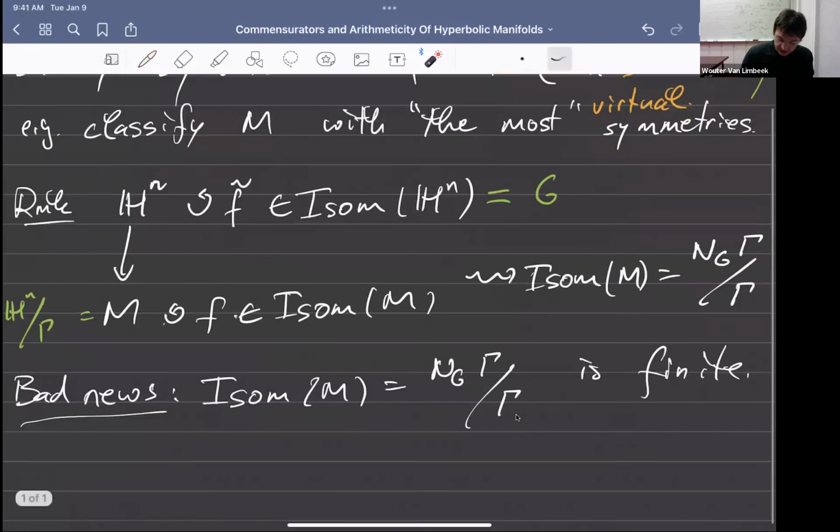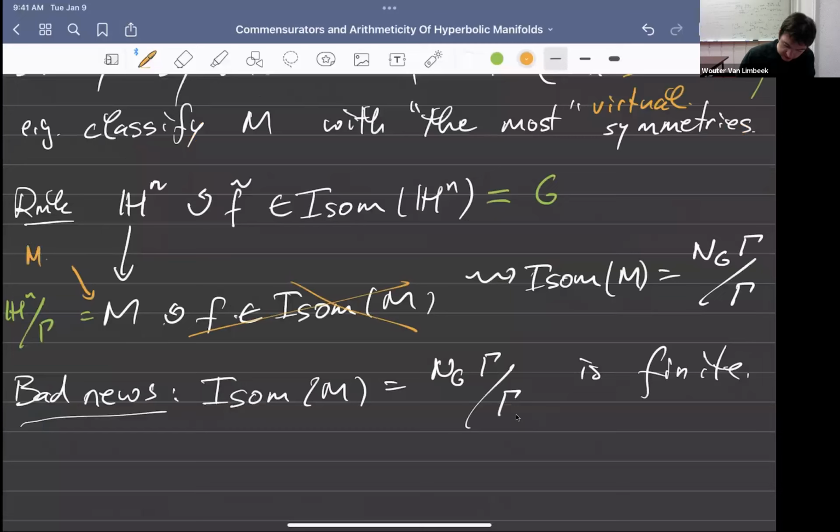And what algebraic problem does this correspond to? Well, instead of having an isometry of M, I now have an isometry between two finite covers.